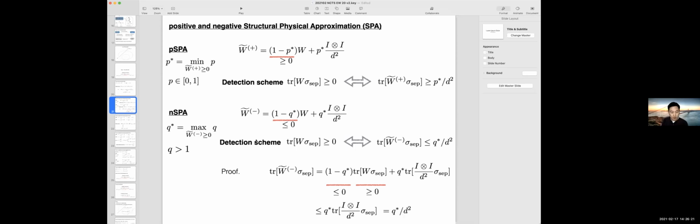Okay. So, I mean, I didn't do anything. What I did is just, given witnesses, I manipulated them with the identity operator, and sometimes I choose P star, which is less than 1, but minimum. Okay, P star, which is less than 1, and I choose minimum P, and sometimes I choose a maximum Q, which is larger than 1, and I construct this one.